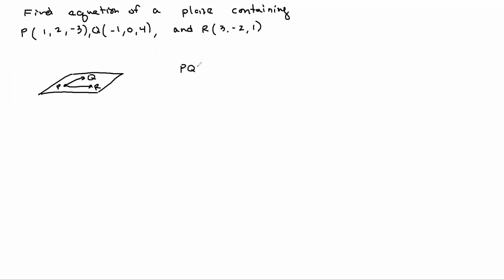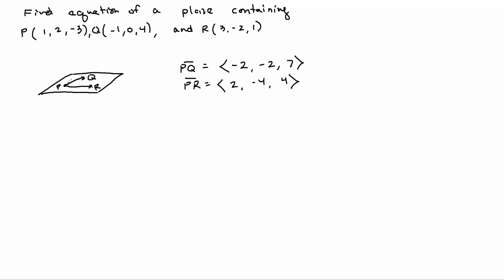So vector PQ would equal -1 minus 1 is -2, 0 minus 2 is -2, 4 minus -3 is 7. And PR, 3 minus 1 is 2, -2 minus 2 is -4, 1 minus -3 is 4.